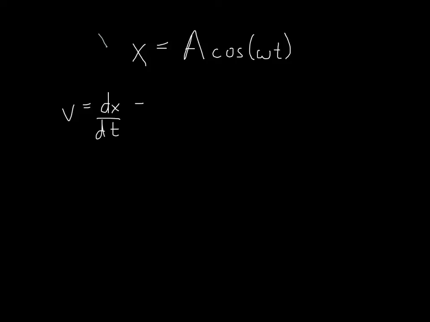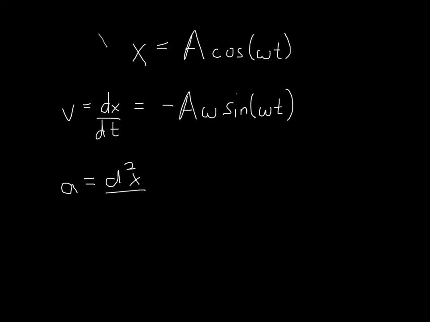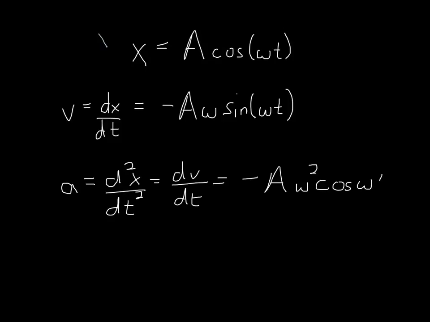So I can differentiate this, and I find negative a times omega times sine of omega t by taking the derivative of cosine. Then I can find the acceleration of this spring by taking the second derivative of position with respect to time, which is also just the first derivative of velocity with respect to time. And I take that derivative, and I get negative a omega squared times cosine of omega t.